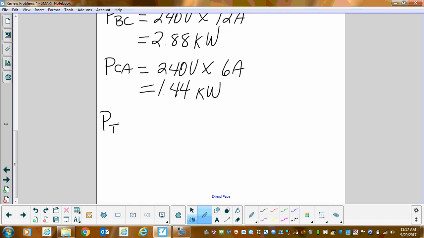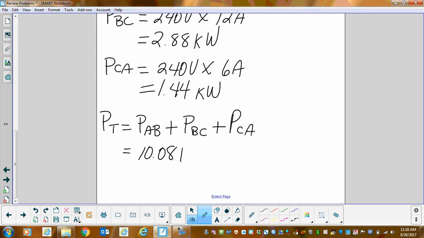It's real simple. We add them up. So that's going to be power from AB plus power BC plus power CA. And if you add all three of those together, you should come out to 10.08 kilowatts.